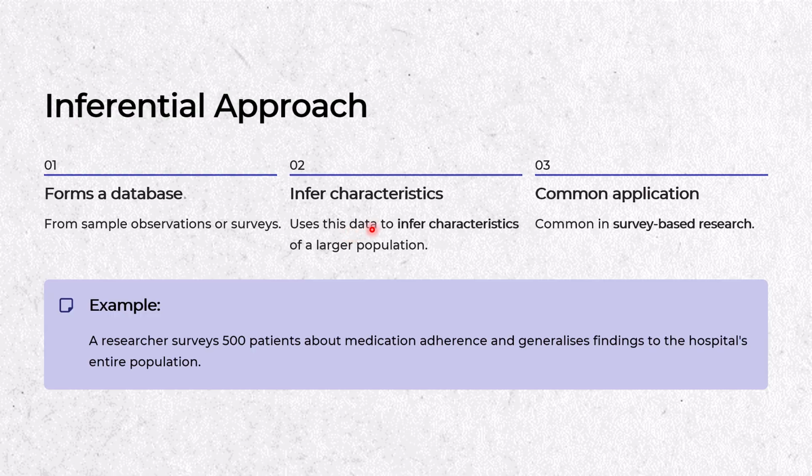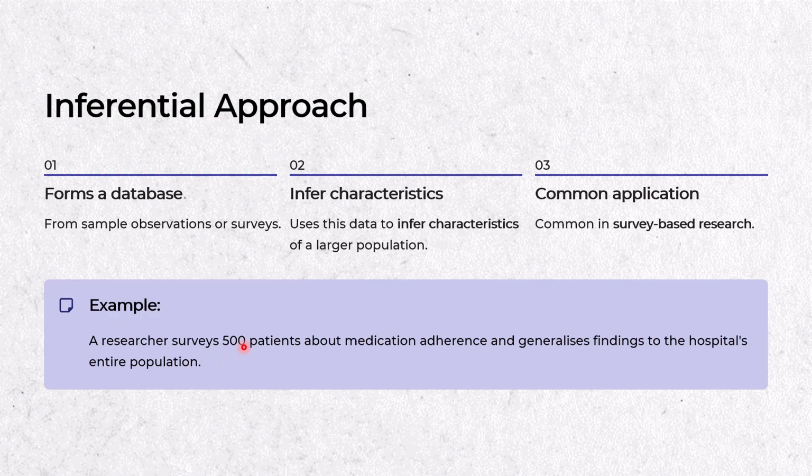Since we cannot study everyone, let's take this example. A researcher surveys 500 patients about medication adherence and generalizes findings to the hospital's entire population.